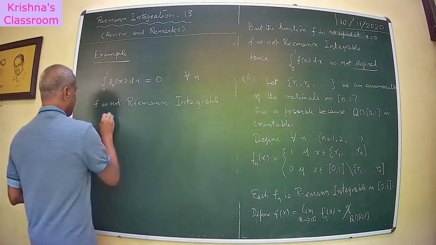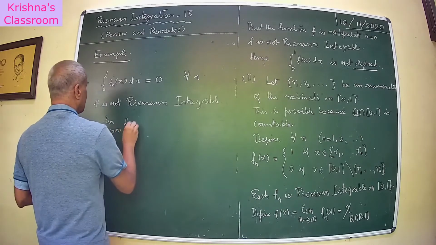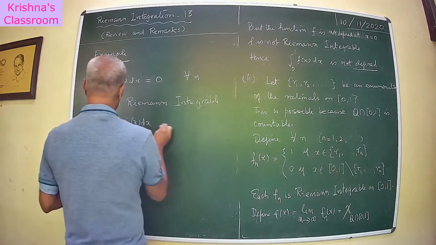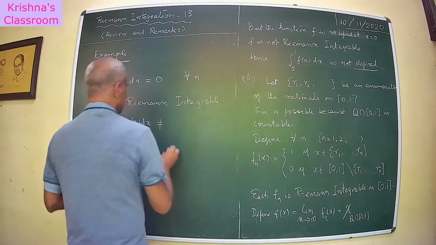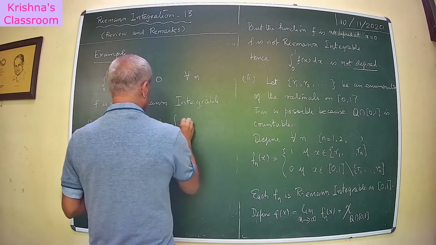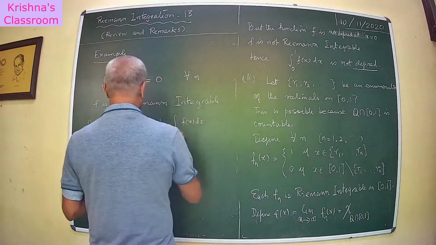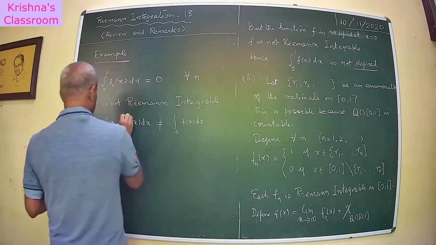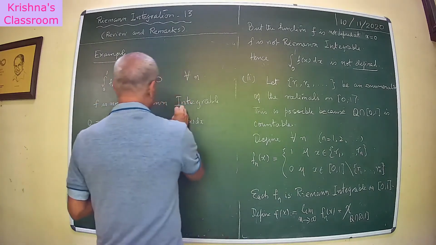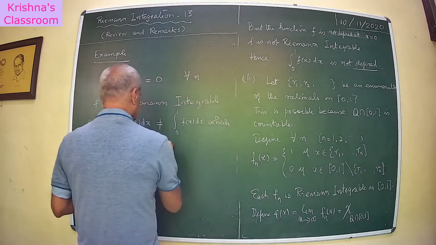So in this case, the limit as n tends to infinity of the integral is 0, which is not equal to the integral of f, which does not exist.